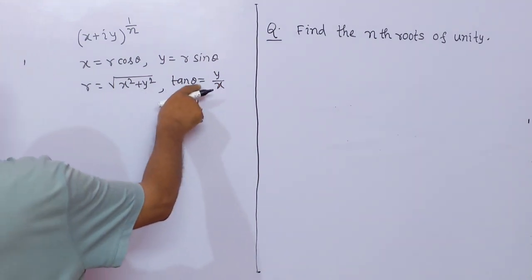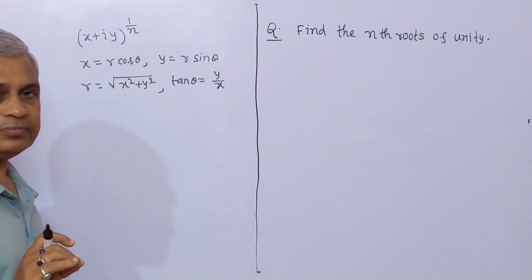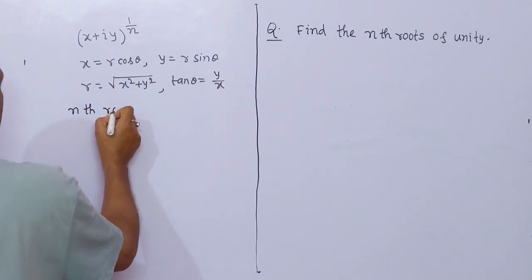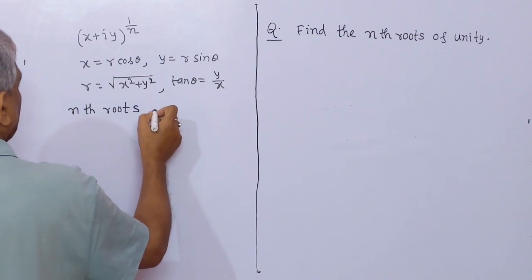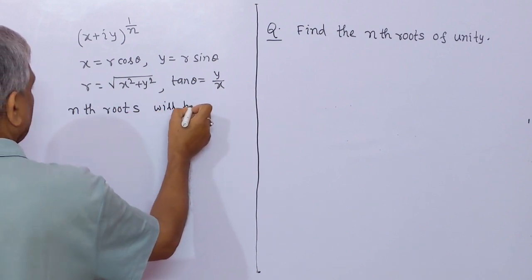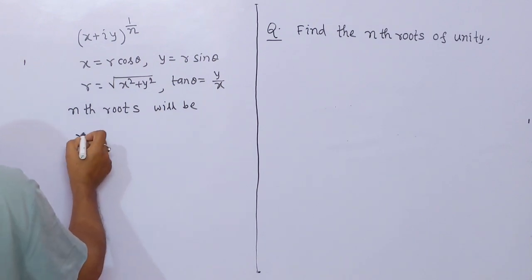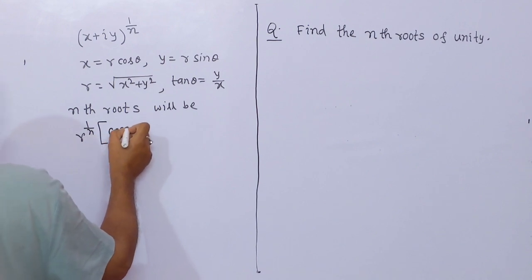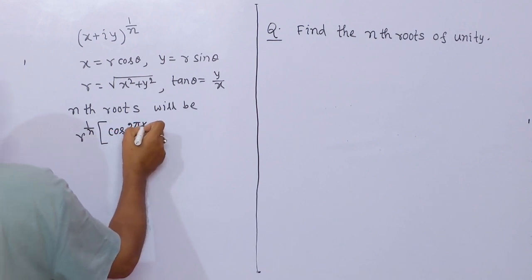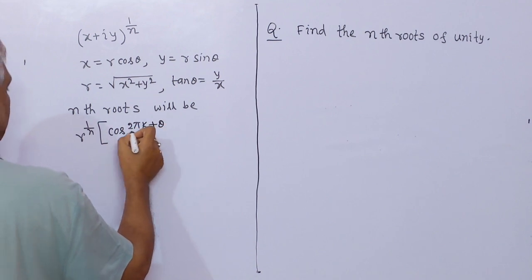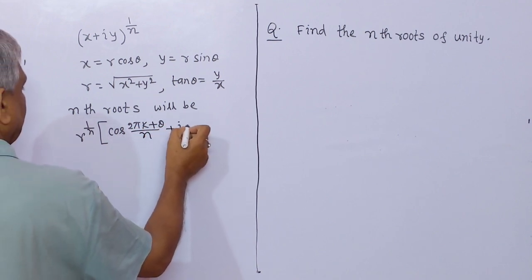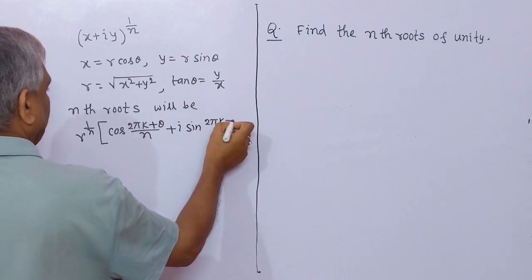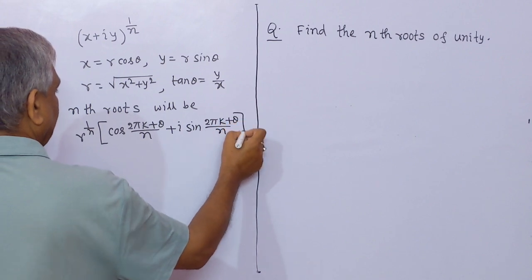When r and theta are determined, then the nth roots will be r to the power 1 by n, cos of (2 pi k plus theta) by n plus i sin of (2 pi k plus theta) by n.